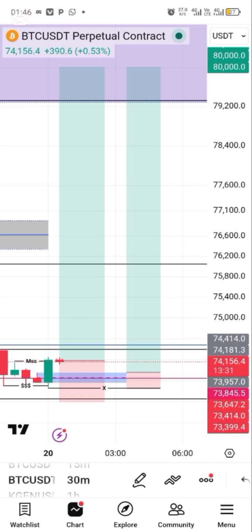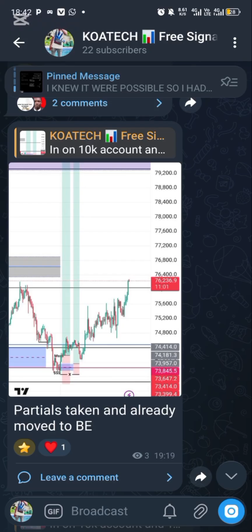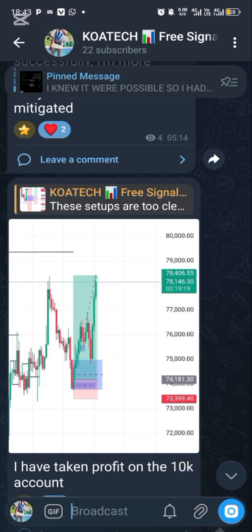But it actually was a 1, and this was when the trade was going well, and I said partials taken and already moved to BE, and this was the nearest draw on liquidity, which is around 78,400. So I had to close the trade manually after this liquidity was taken. I did not wait for it to go to that 79k or even 80k.